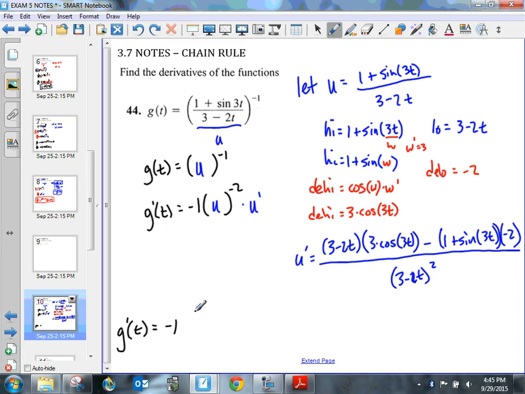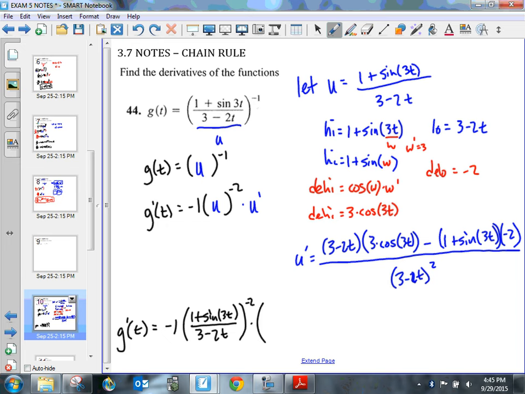You get negative 1 times the quantity u. I'm going to plug u back in, so instead of writing u, I'm going to write 1 plus sine of 3t over 3 minus 2t. I'm going to raise that whole function to the negative 2, and then multiply by u prime.